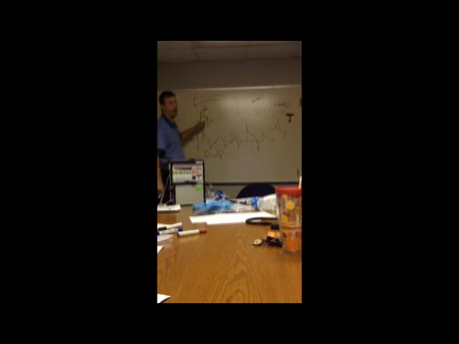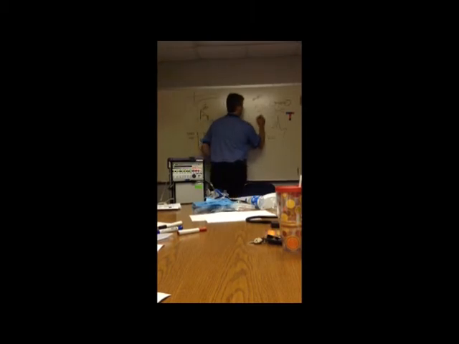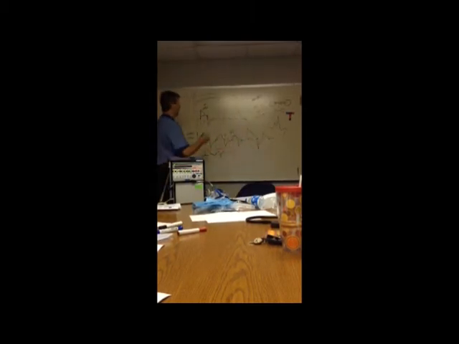The other version is pressure control. Pressure control, this is assist control because of the pattern, pressure control because of the breath type. Okay? So the next one is assist control, PC, pressure control.